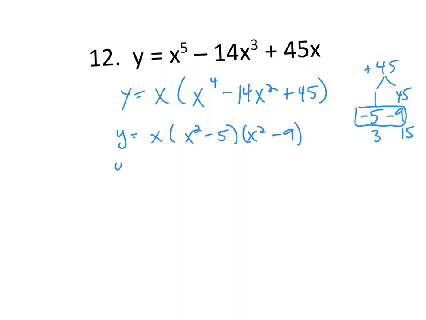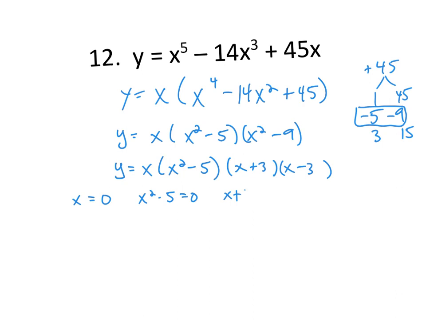Okay, so x squared minus 5 is not factorable, but x squared minus 9 is. We just looked at this one. This would be x plus 3, x minus 3. So now we're going to set each of these equal to 0. All right, x equals 0, done.